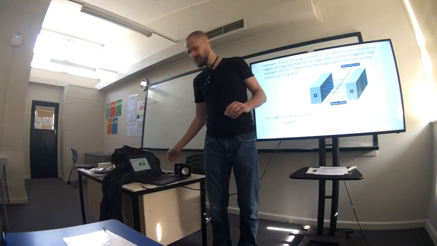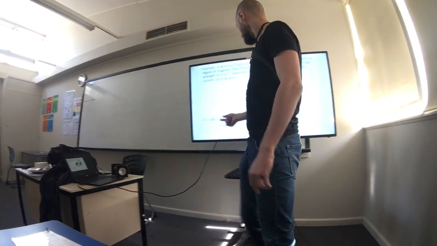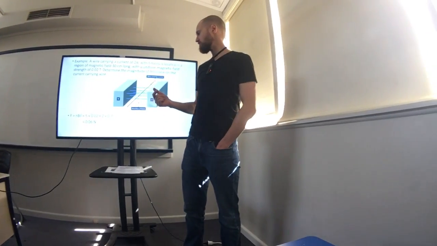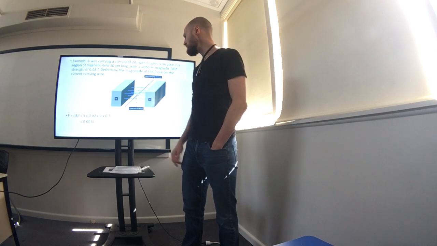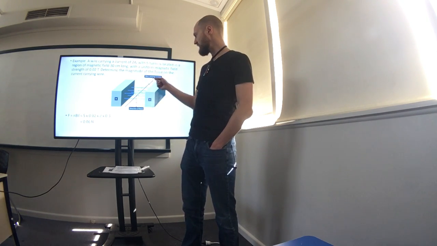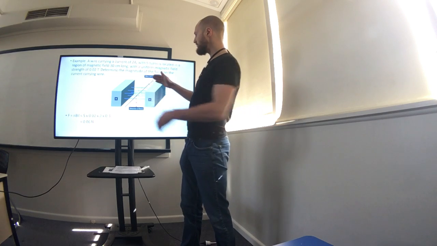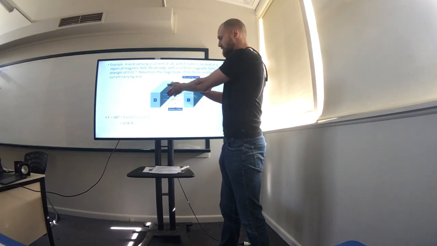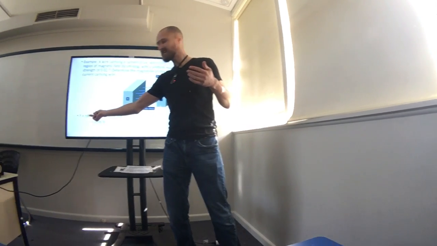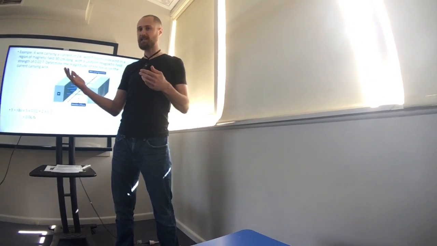Now, the other thing to keep in mind is that this equation, F equals NBIL, applies when the direction between the current and the magnetic field lines happens to be 90 degrees, when they're perpendicular to each other. If there was some kind of angle between the current and the magnetic field, then we'd have to modify our equation by adding a sine theta onto the end, the same way that we did when we were looking at the force on a charge that was moving in the magnetic field.